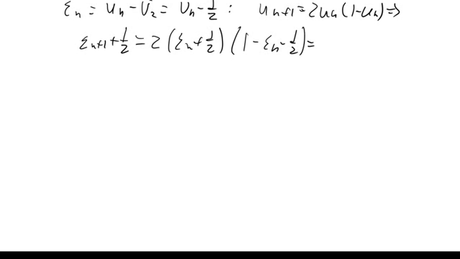This will be equal to 2 times epsilon n plus half times half minus epsilon n.